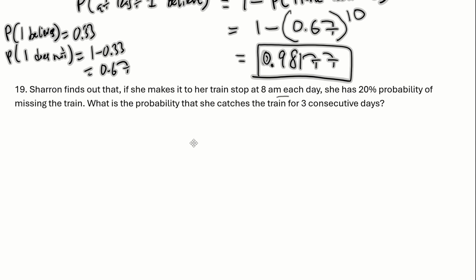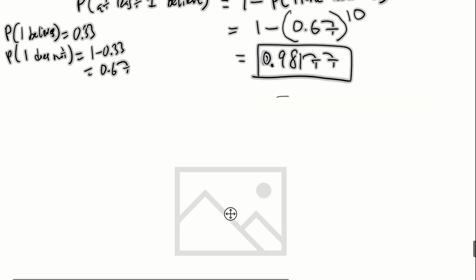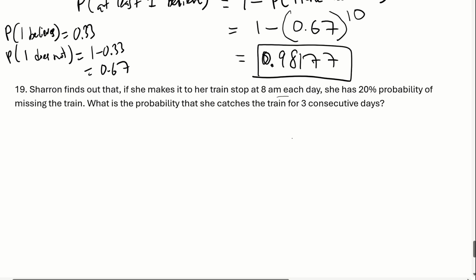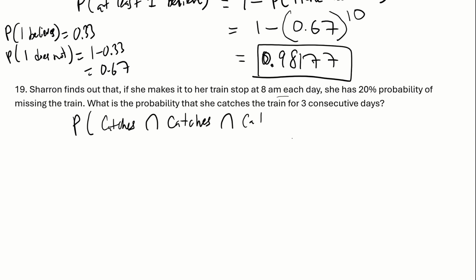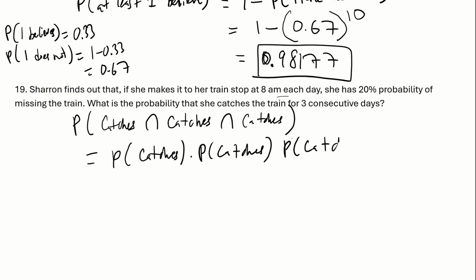Remember, all right, so we want the probability that she catches it on the first day, and catches it on the second day, and catches it on the third day, right? 3 consecutive days. So that's the probability that she catches it times the probability that she catches it the second time, times the probability that she catches it the third time. So it's basically the probability that she catches it to the 3rd power.